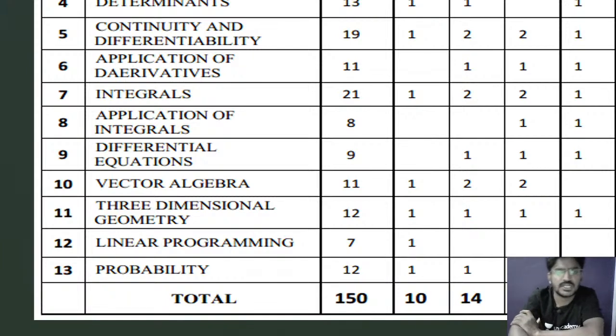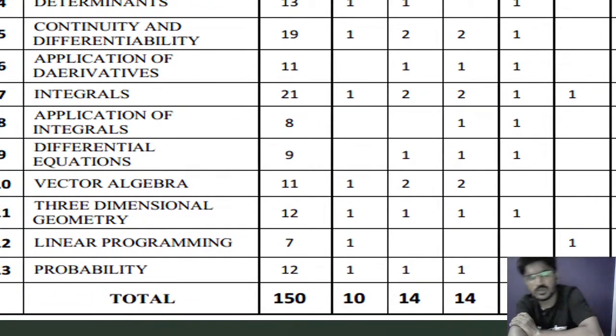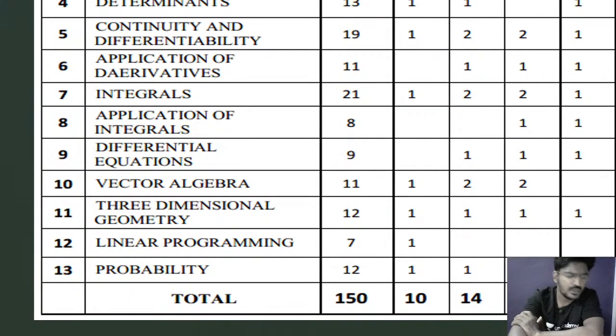So just go through the retained syllabus. From the retained syllabus, a 5 mark theorem will be there from three-dimensional geometry, and you should concentrate on the retained topics so that you can score well in three-dimensional geometry.